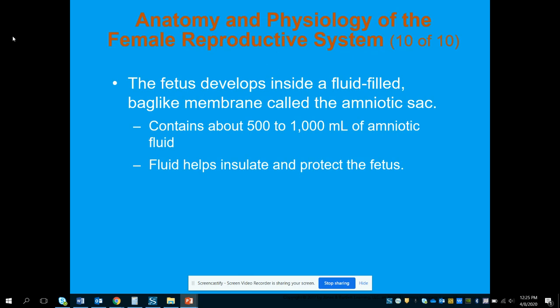Now, just like with everything else in the body, you want to have a very stable amount of fluid here, and like I said, the bigger the baby gets, the less they have to move around in, but we need to have some. Because if you have too much or too little, it could both be dangerous. If you have too little fluid, the baby's not going to be able to move around and they're not going to develop the way that they should.